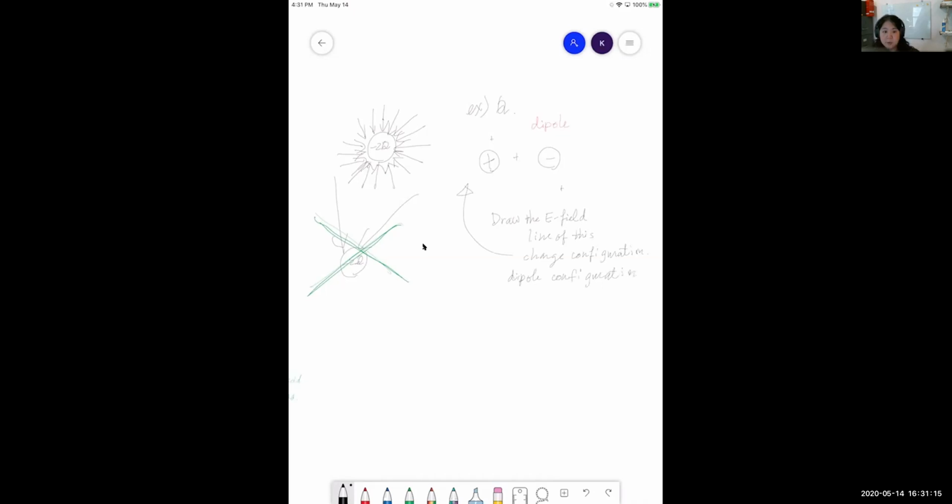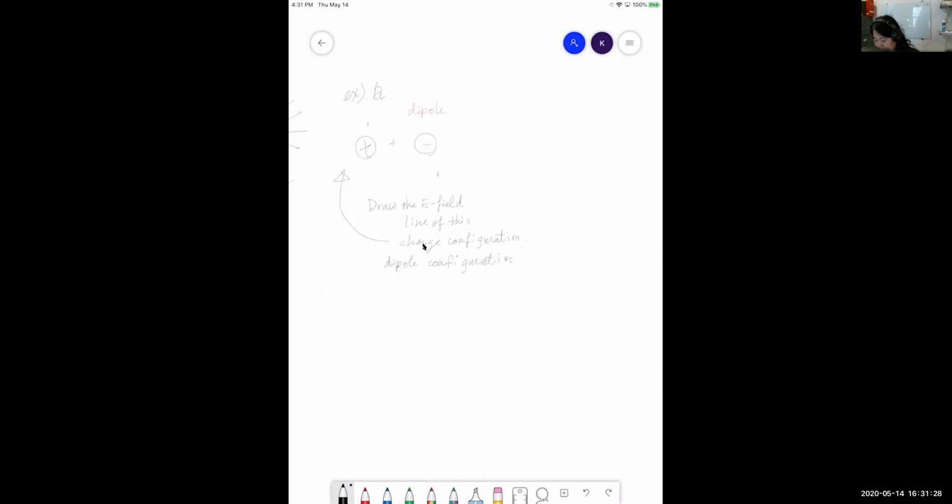What kind of electric field lines will be created if you have two plus charges, the same charges but separated by a distance?